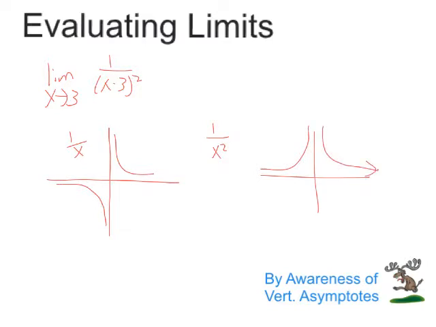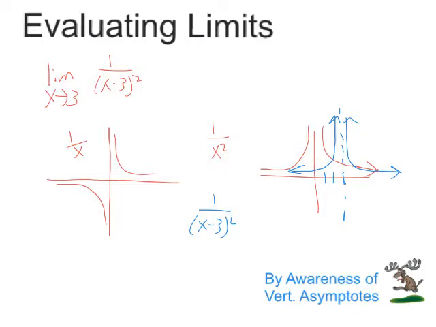And if we're going to change that to 1 over (x minus 3) squared, what's happened is we shift it to the right 3 units, and now our vertical asymptote is at 3. And we get a curve which looks like this.